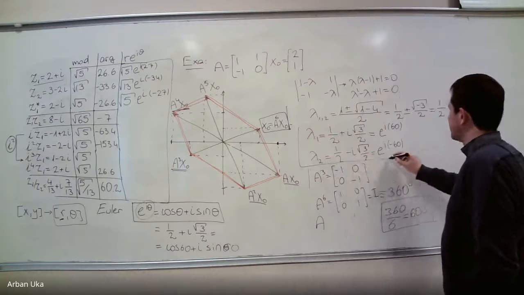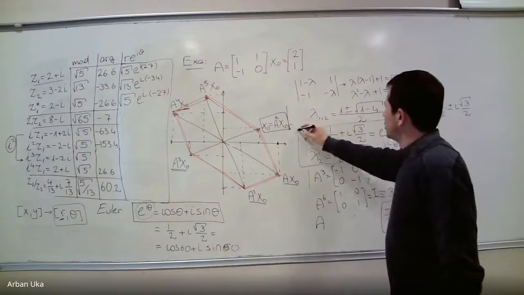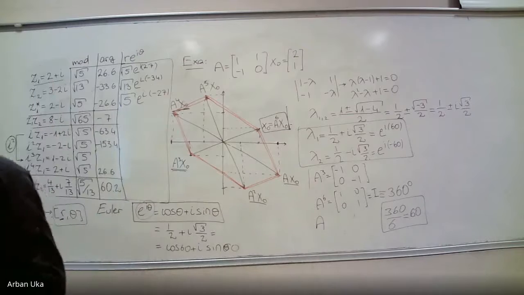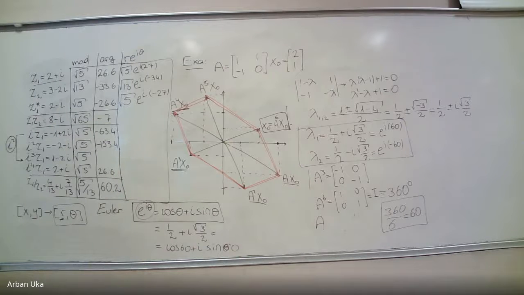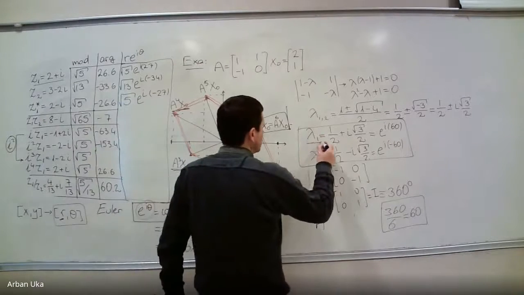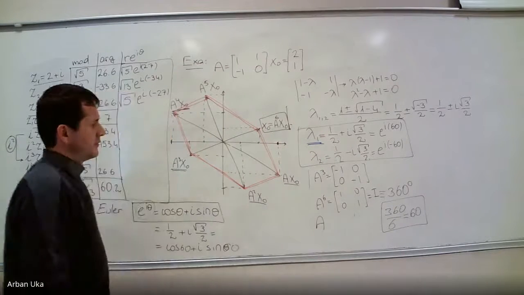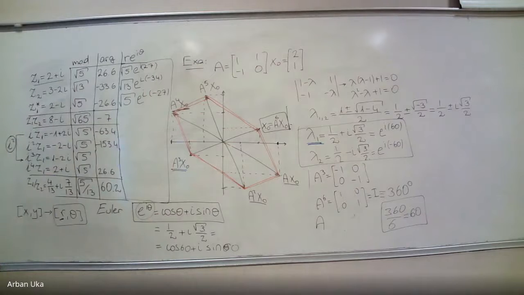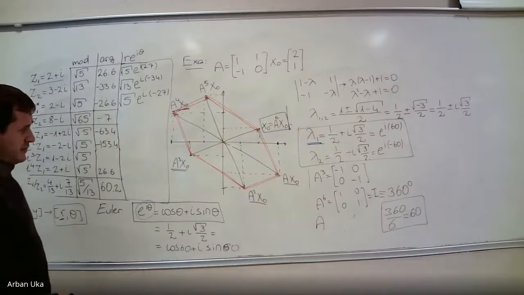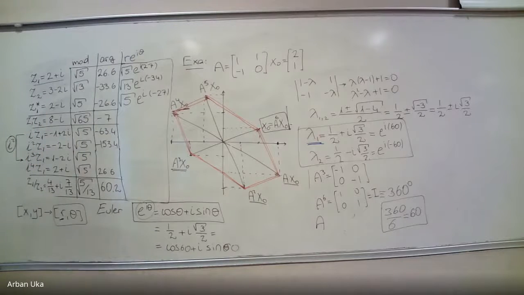So it looks like the matrix A rotates on average any vector by an angle of 60, and this is also hidden, or written somehow, in the value of the eigenvalue. The eigenvalue is a complex number. We know that complex numbers are very good at providing a rotation by an angle of 60.